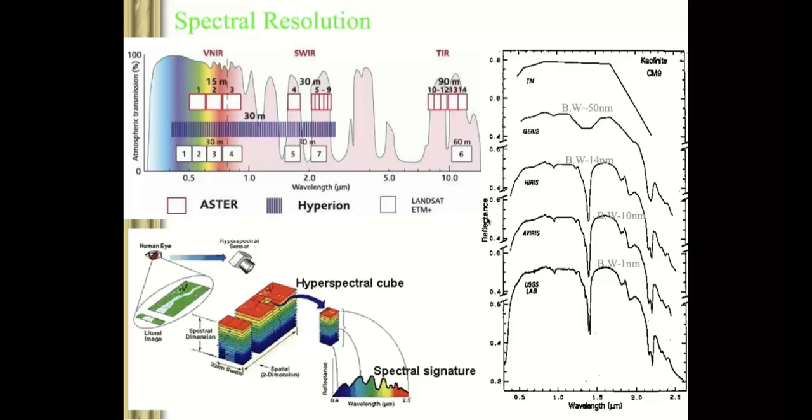So what is the main advantage of hyperspectral over previous developments? It has high spectral resolution as compared to multispectral or 3-band images before.